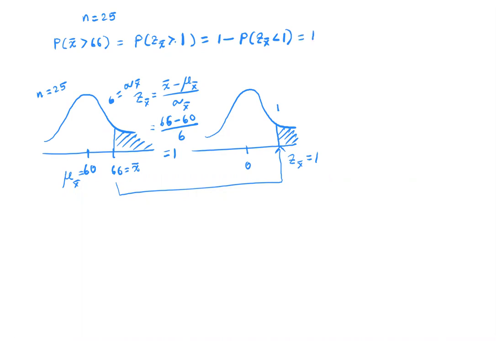It is going to be 1 minus 0.1587, 0.8413.